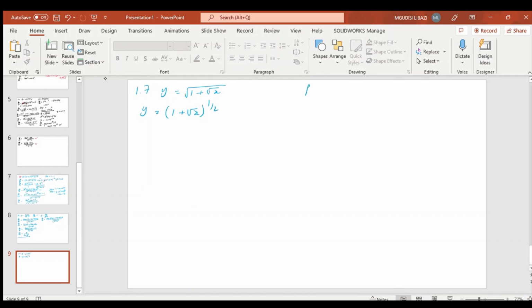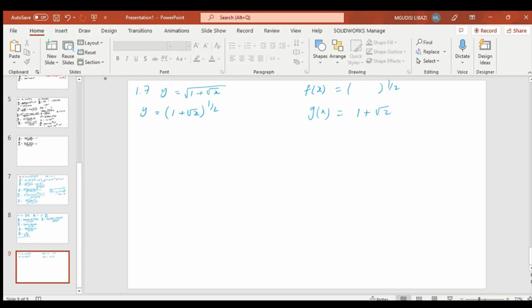That means f of x is something raised to 1 over 2, and inside it we have g of x, which is 1 plus the root of x.